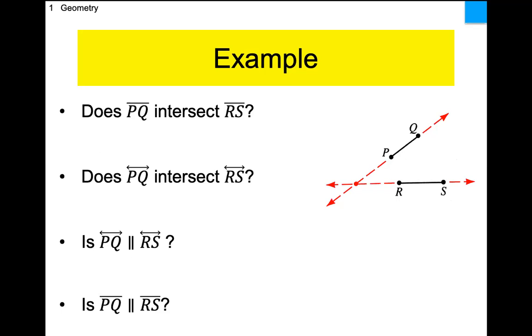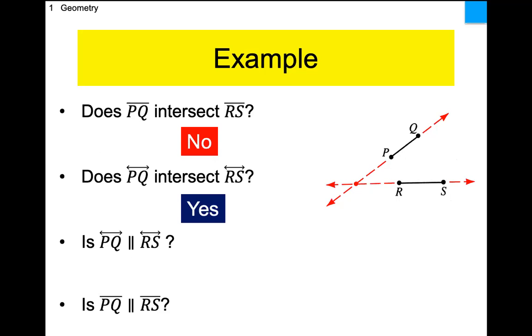All right, let's answer the questions. Does segment PQ intersect RS? No. Does line PQ intersect line RS? Yes. Is line PQ parallel to RS? No. Why?